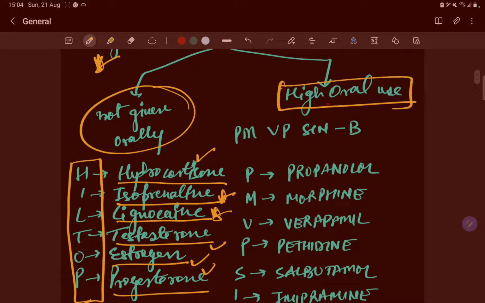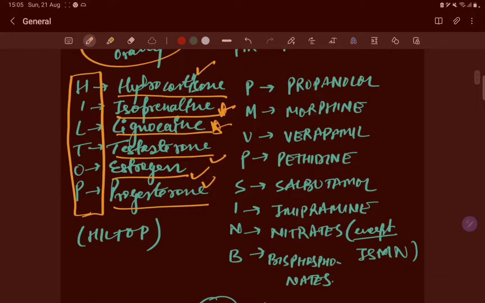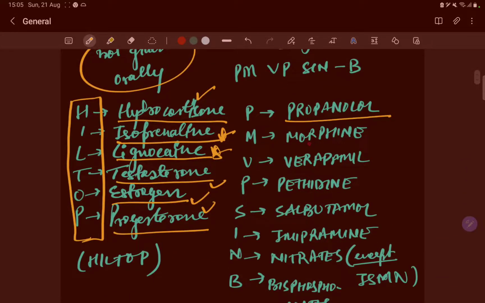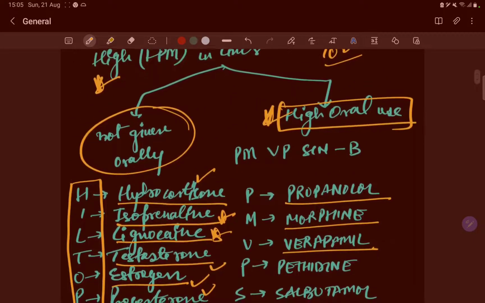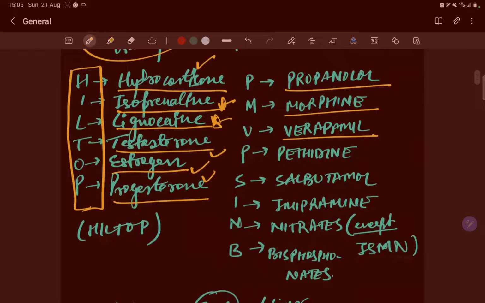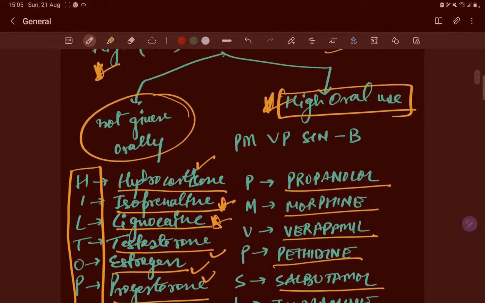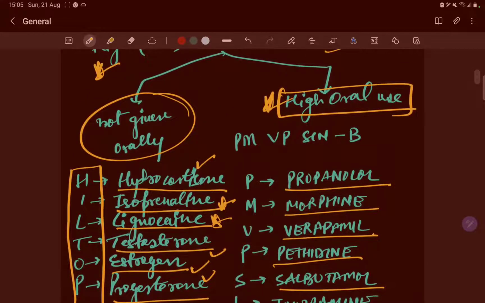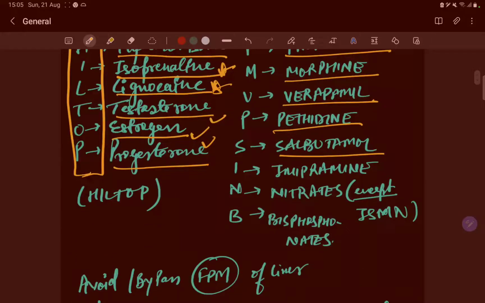High oral dose, which are the drugs which are given orally? Okay, so these are propranolol, morphine, pethidine, imipramine, nitrates and bisphosphonates.